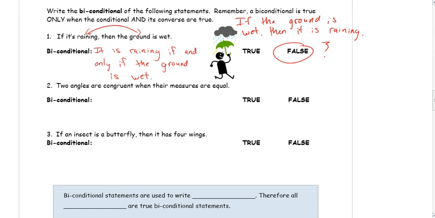If we look at another one, two angles are congruent when their measures are equal. Okay, if you wrote it as a conditional, it would say if two angles are congruent, then their measures are equal. Again, to think about, that part's true, we know.